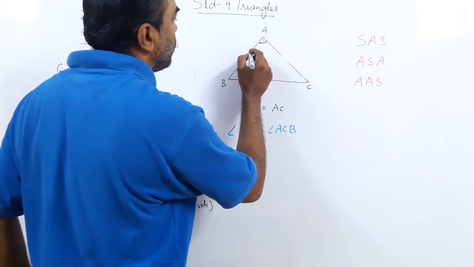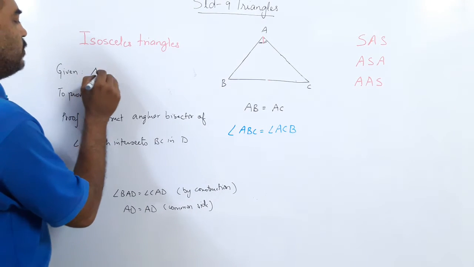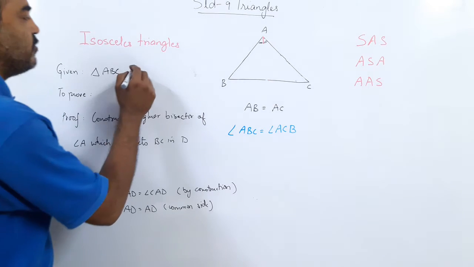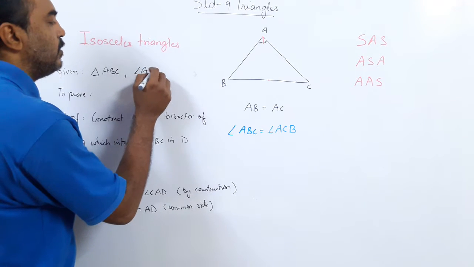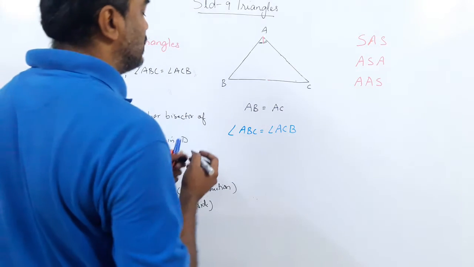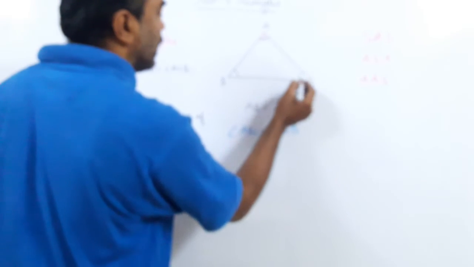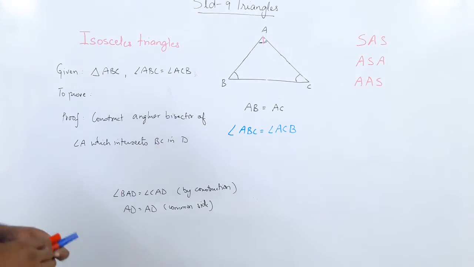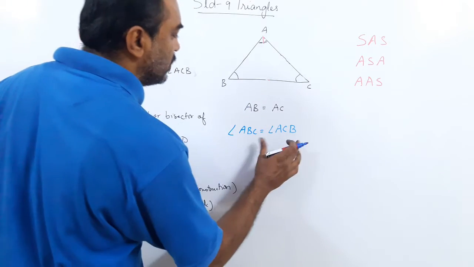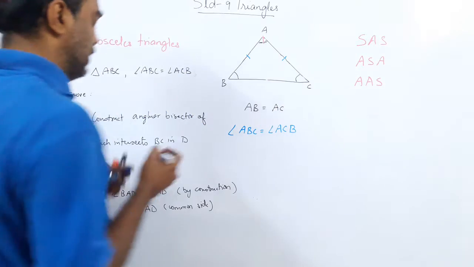This time we are given triangle ABC, and this time we are given angle ABC equal to angle ACB. So what are you given this time? You are given this angle and this angle is equal. This time the angles are given equal. What you have to prove is that AB equals AC.